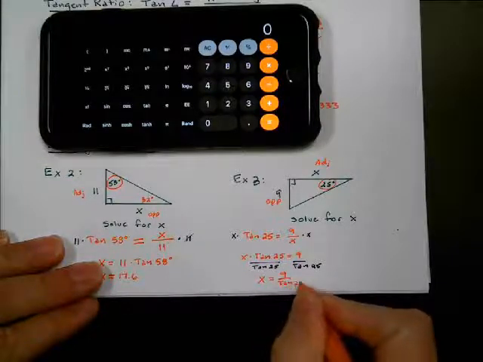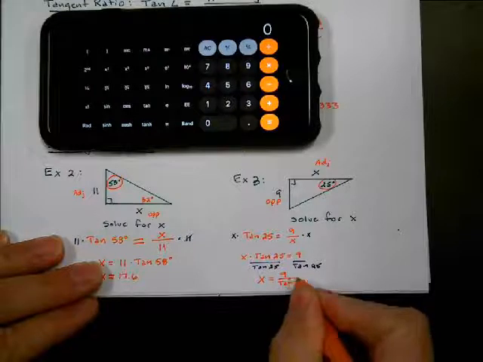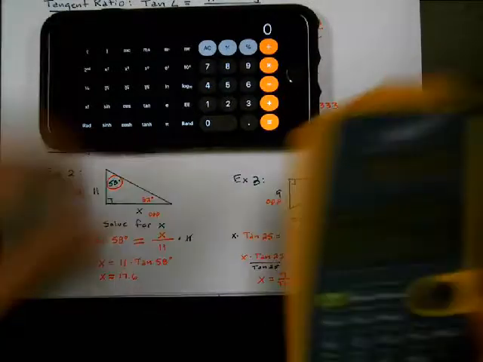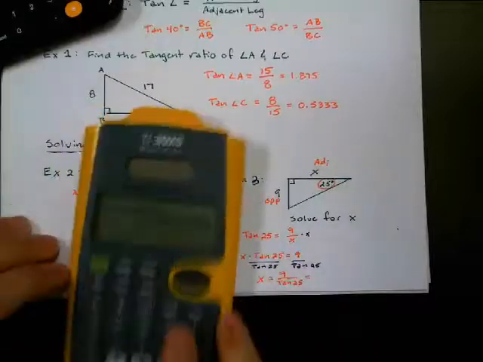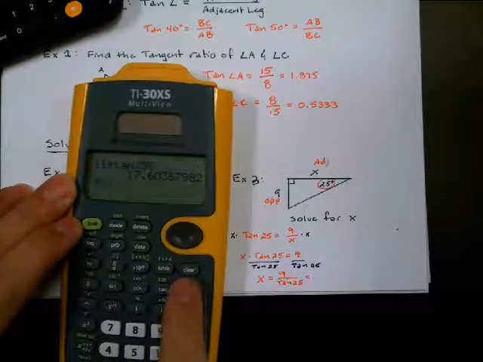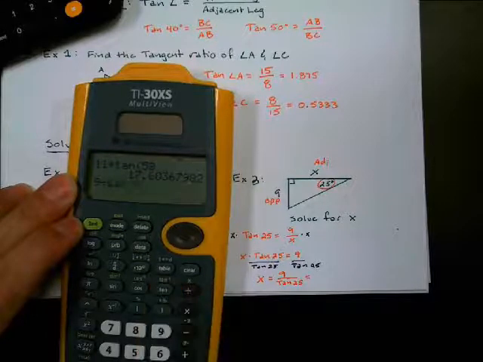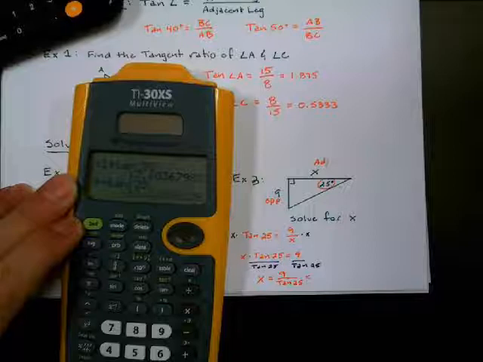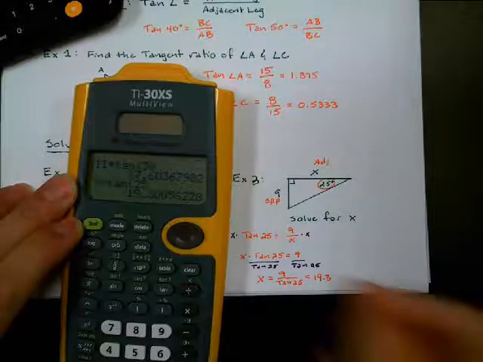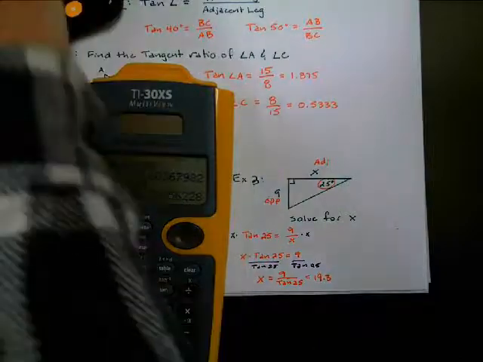And that's what I'm going to plug into my calculator. Now again, on these calculators like the TI-30XS, all you have to do is type exactly what you see. 9 divided by tangent 25. It tells us it's 19.3-ish. So 19.3. All right, let's see what would happen on this calculator. This one's a little bit different again.